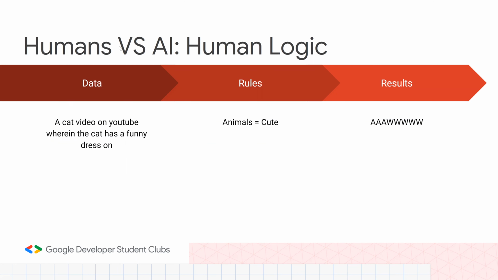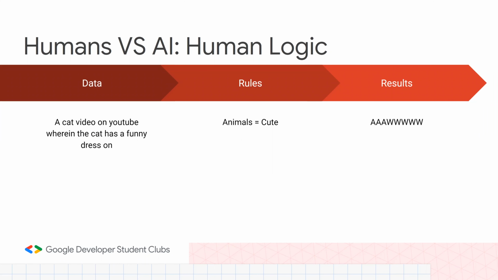So humans versus AI. Let me talk about our logic. The data we're fed comes in through our sensory data: touch, smell, what we see, what we taste. So let's say some type of data is a cat video on YouTube where the cat has a funny dress on, like a tutu and maybe even bunny ears.